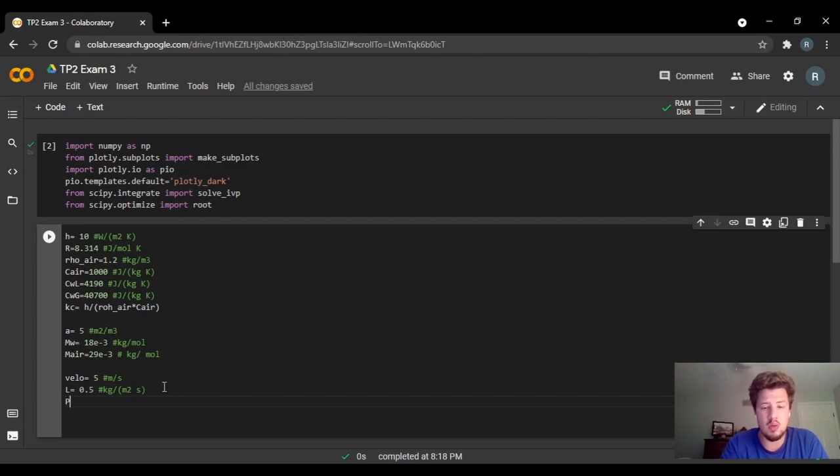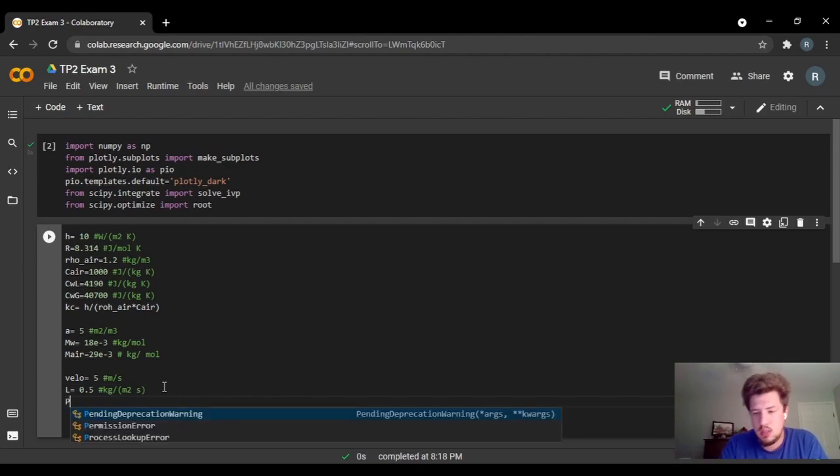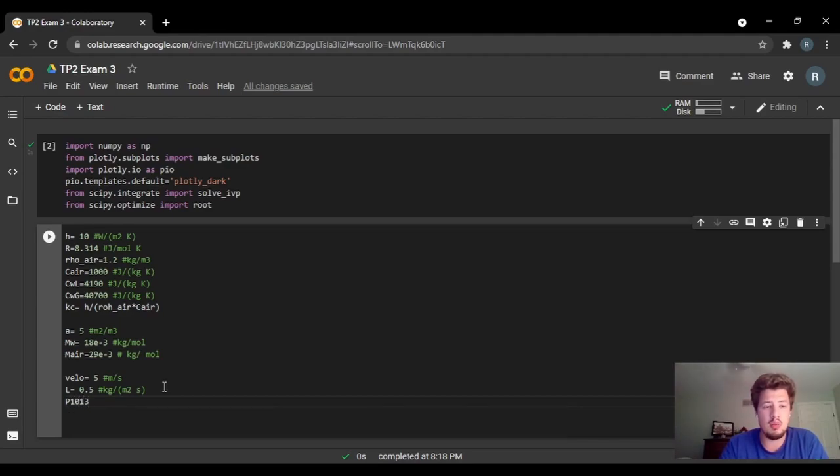And then we are also given the pressure of the system to be 1,325 pascals.